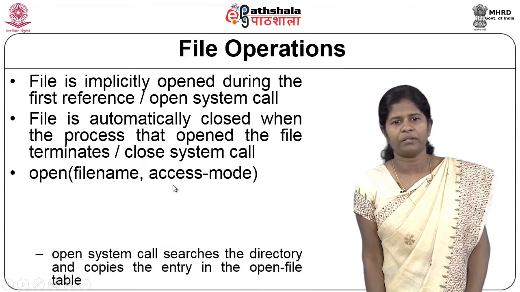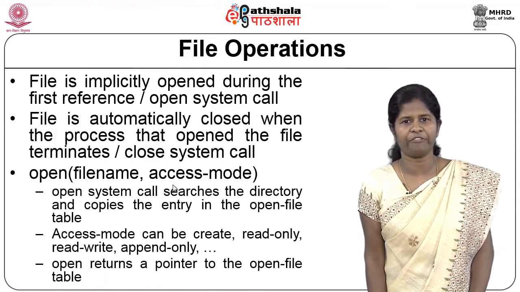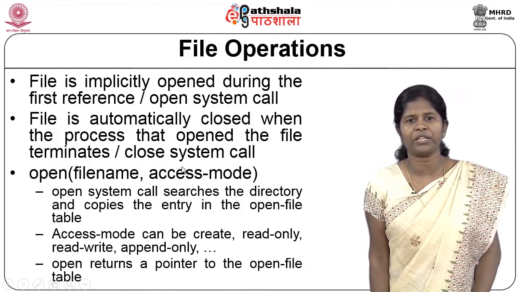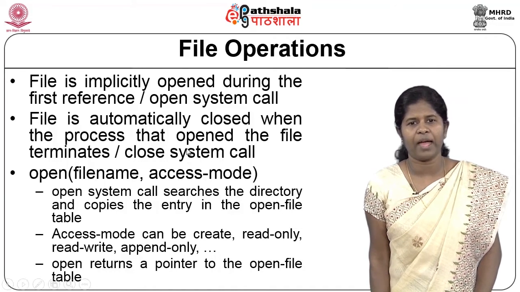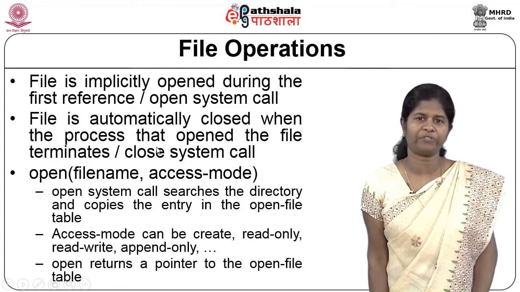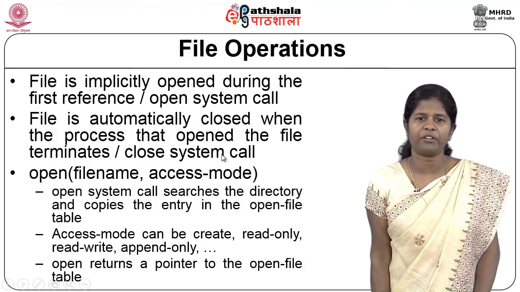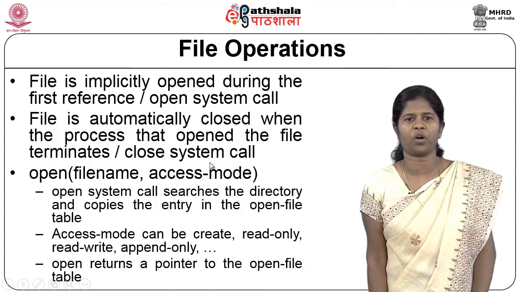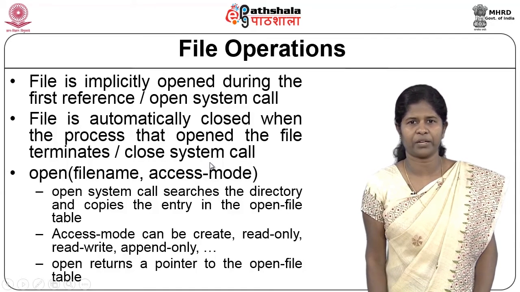During the first reference to a file or during the open system call, the file is implicitly opened, and when the process terminates or during a close system call, the file is automatically closed.